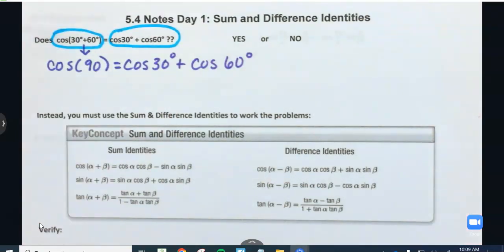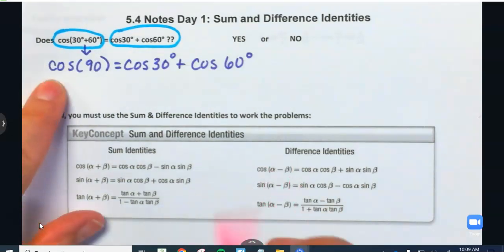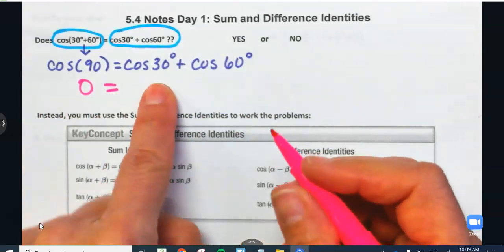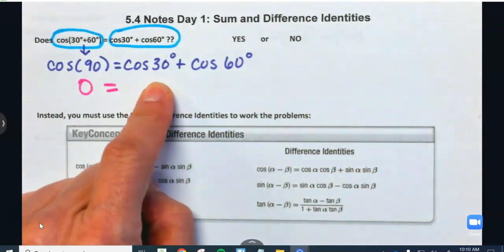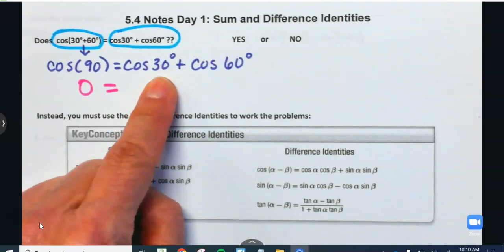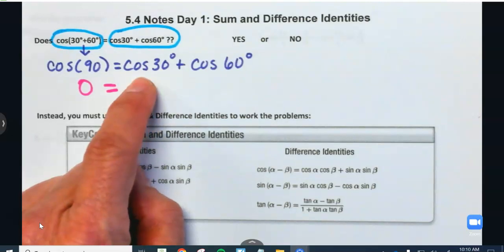What is the cosine value for 90 degrees? Top of the circle. It's 0. Remember, cosine is 0. And then 30 degrees is a little baby angle. It's the smallest radians. What radians match 30 degrees? Pi over 6. What's the cosine value for pi over 6?